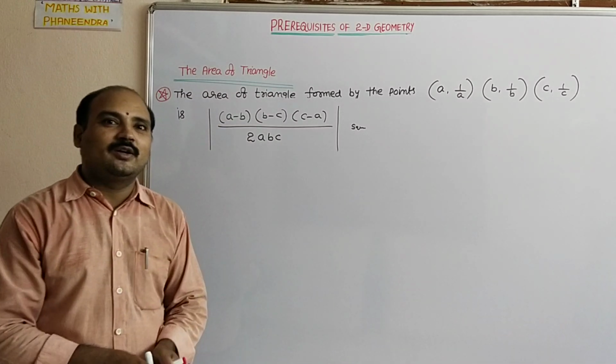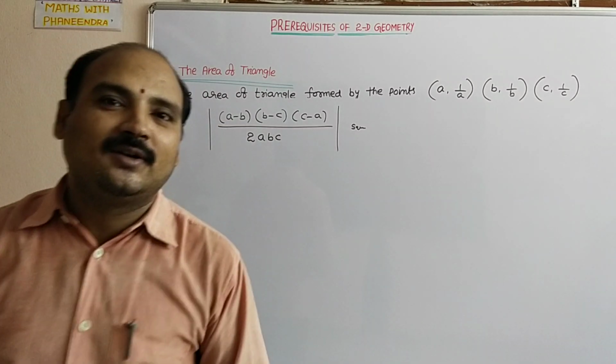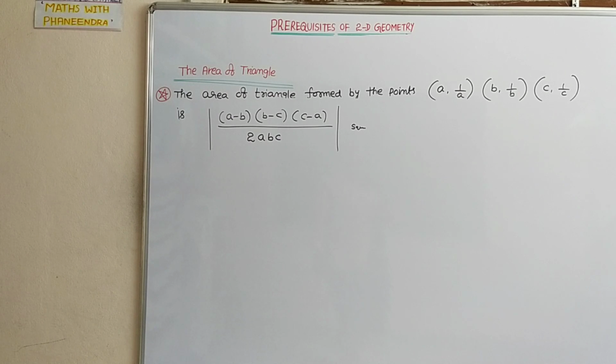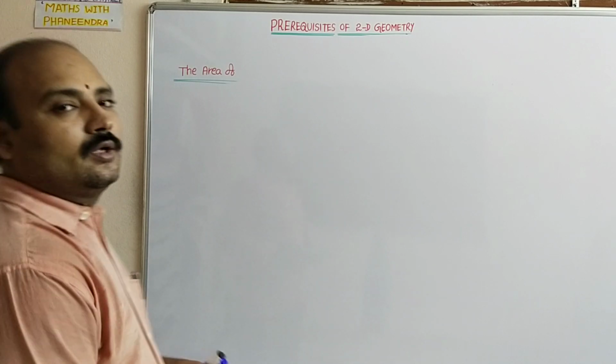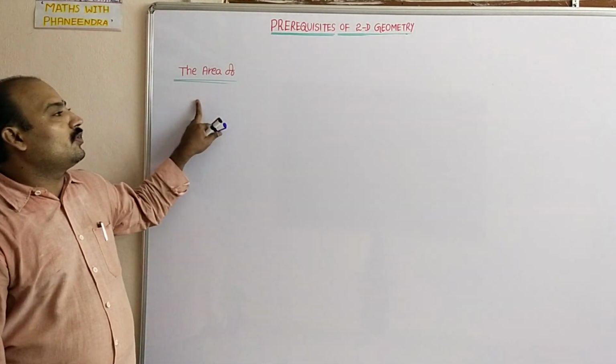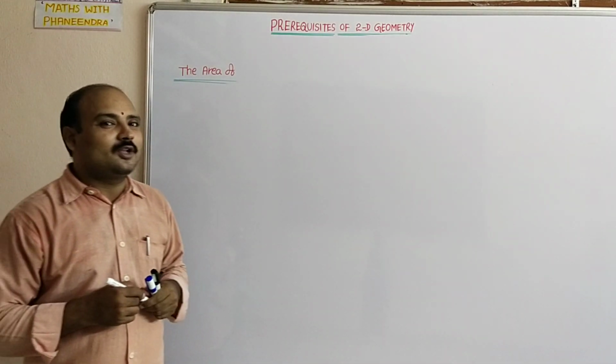Now we come to the area of a quadrilateral. Next, the area of an equilateral triangle we forgot, no? That also we discuss.